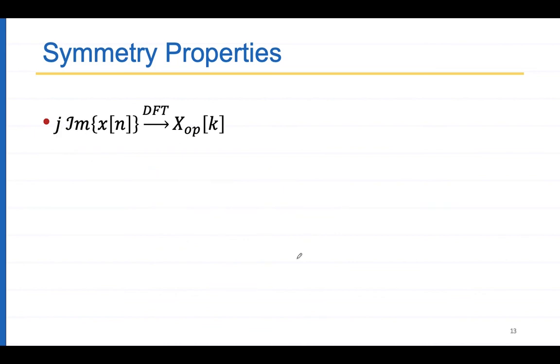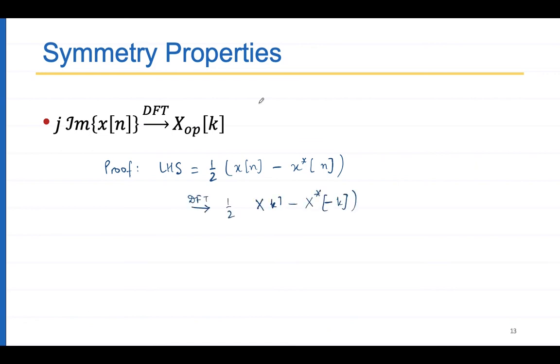Next, we have j times the imaginary part of x[n]. If you take the DFT, it comes out to be the odd periodic part of X[k]. The proof is also very simple. Let us start with the LHS. The imaginary part of x[n] is x[n] minus x star of n, upon 2j. So j and j get cancelled. And then you take the DFT.